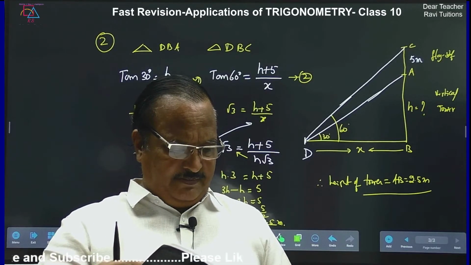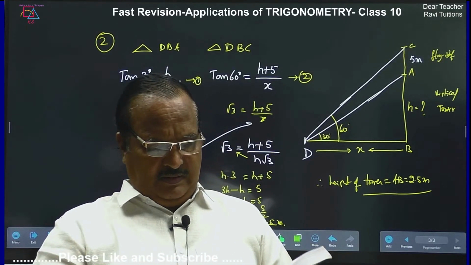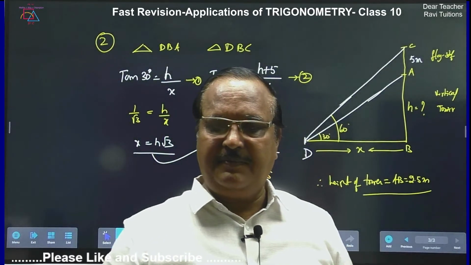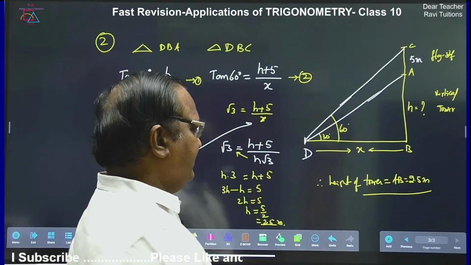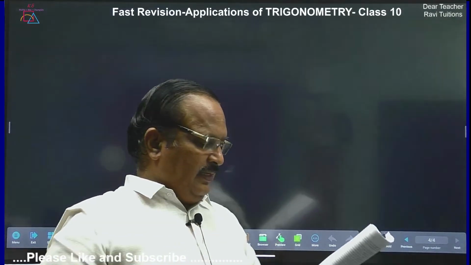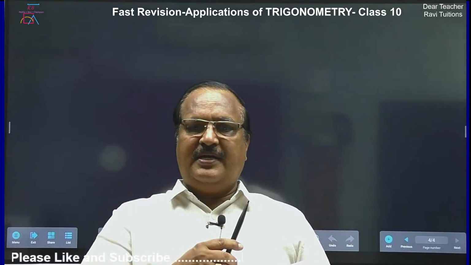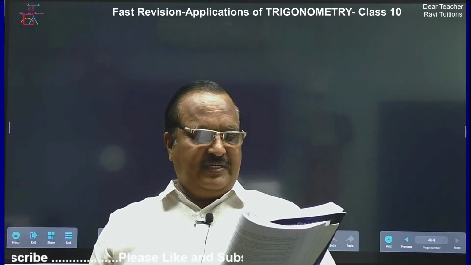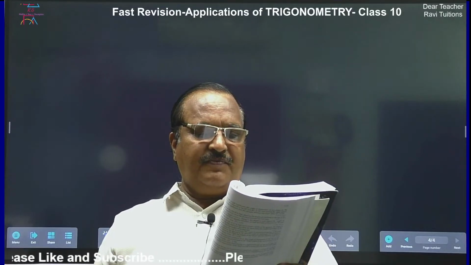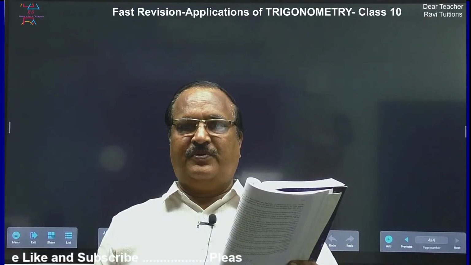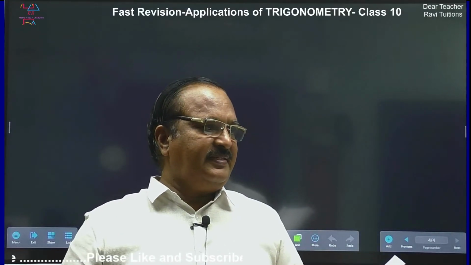It has come from 2023. This question has come in the examination 2023, right? I will read it out and I will draw the diagram, and then we will do it. As observed from the top of a 75 meters tall lighthouse, that means there is a lighthouse.